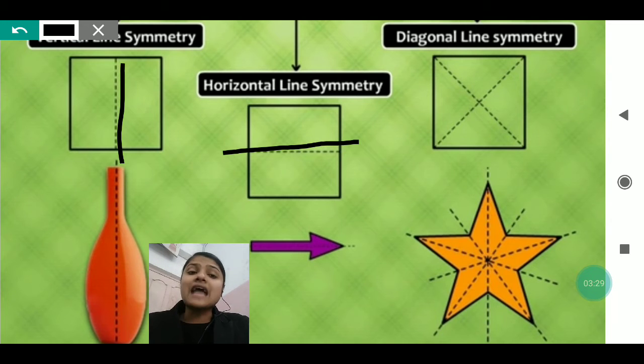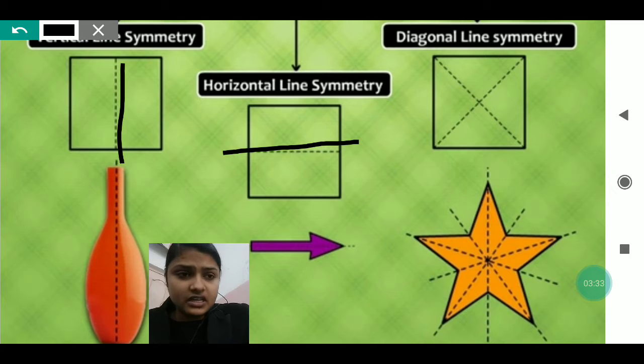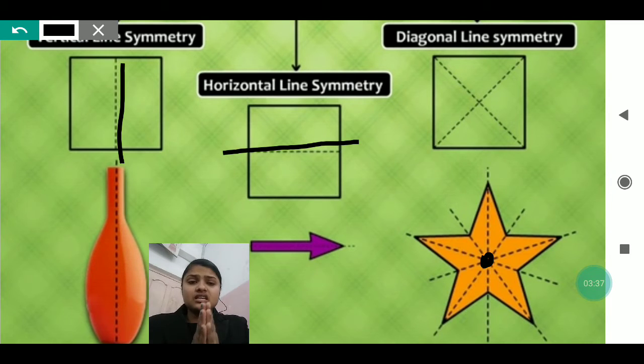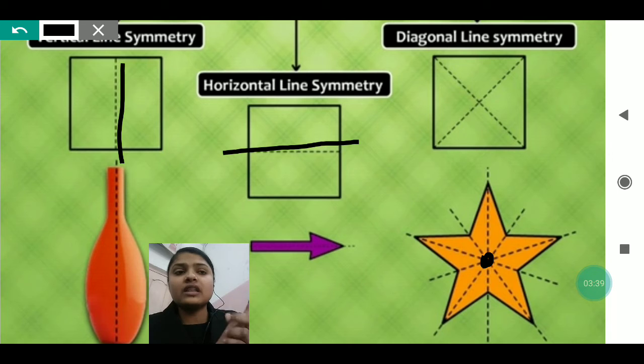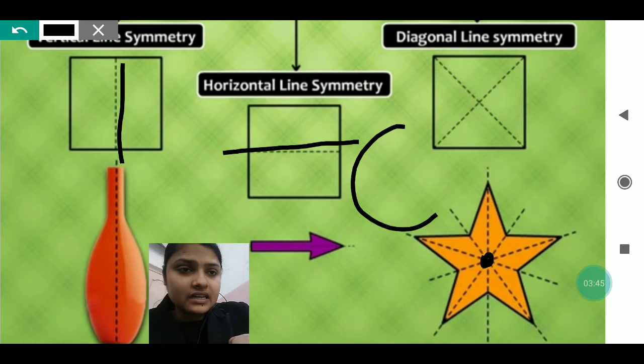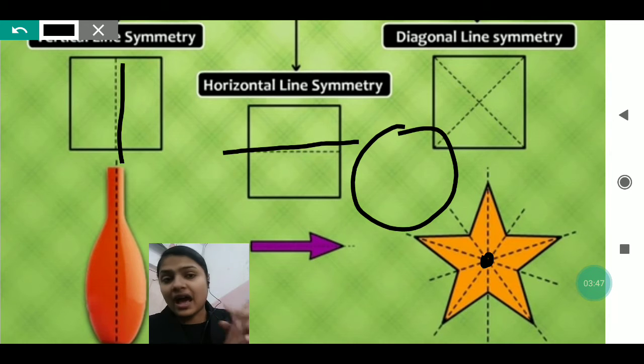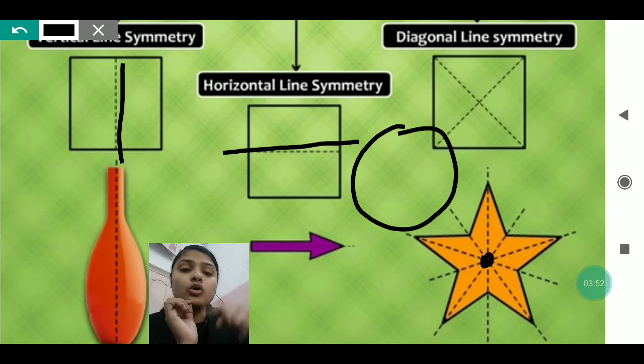Okay, what are diagonal lines of symmetry? Diagonal lines can be drawn in a few of the figures, not in all the figures. Like in a circle, you have seen the circle in the flag, the chakra that we used to call. There are spokes in that.